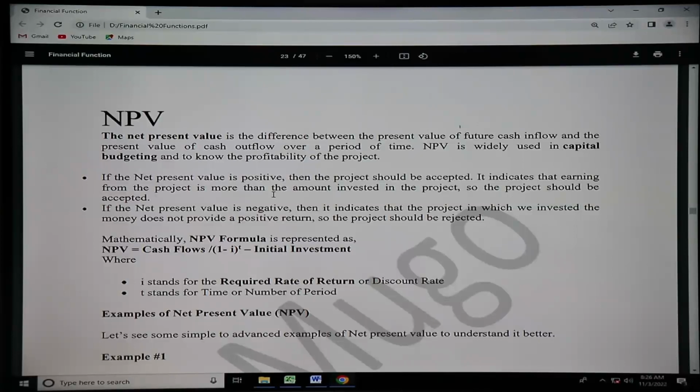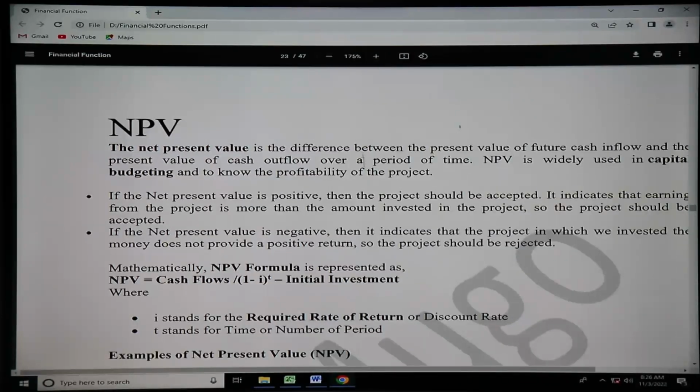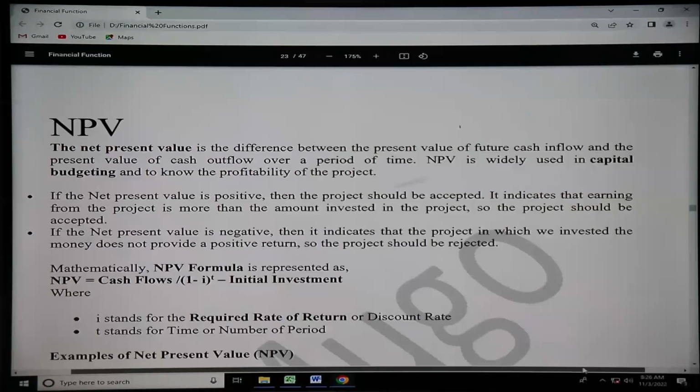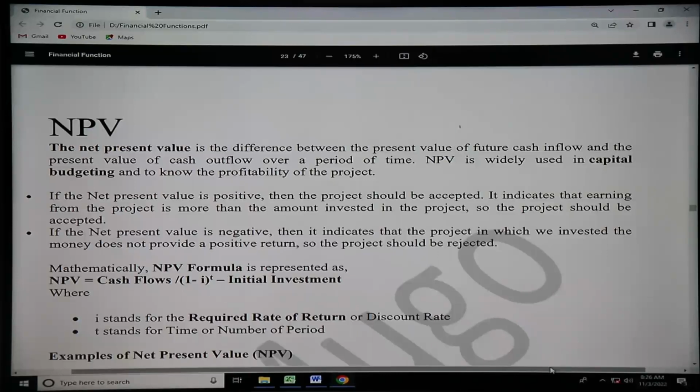So when you talk of the net present value, what are we actually referring to? What do we specifically mean by it? Sometimes in a business, we have money coming in and money going out, the income versus expenses.